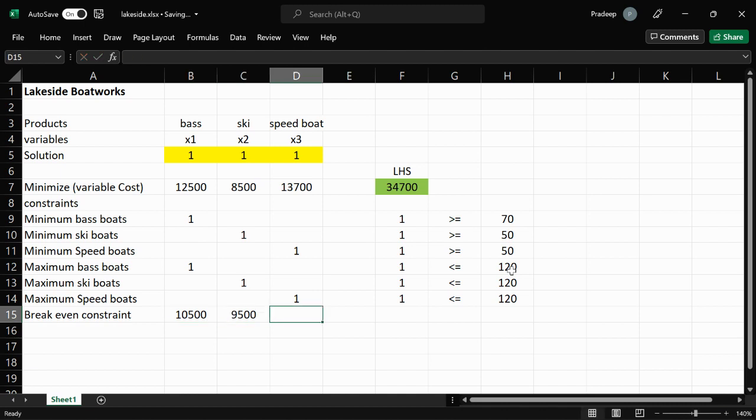So I save this file, and this also I will copy, and this should be exactly equal to 2,800,000. So this is the constraint. Now I have defined everything that I need. So this is the right hand side, RHS, and this is the condition.